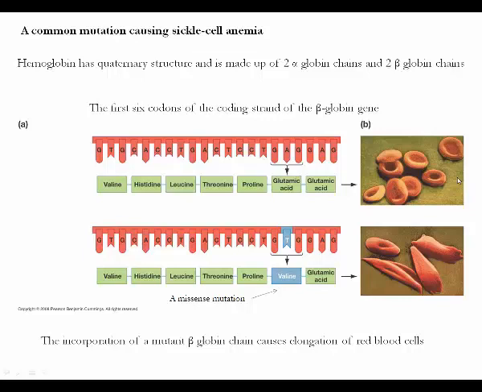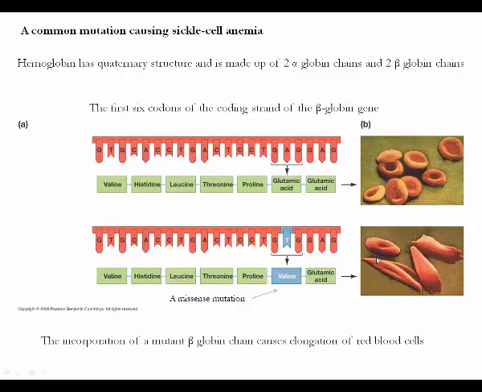And when this mutation arose, malaria was killing people, and the ability to have some sickled cells and some normal cells prevented the parasite from binding to all the red blood cells and destroying the red blood cells and killing the individual.